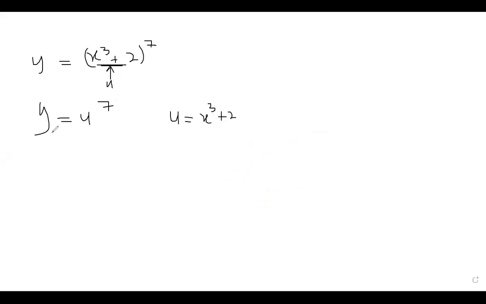So the rule is, for the chain rule, just differentiate the two and multiply. Differentiate y with respect to u. So dy/du will be 7u raised to the power 6. And then du/dx is going to be 3x squared.